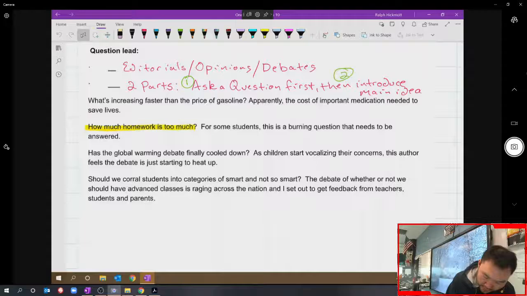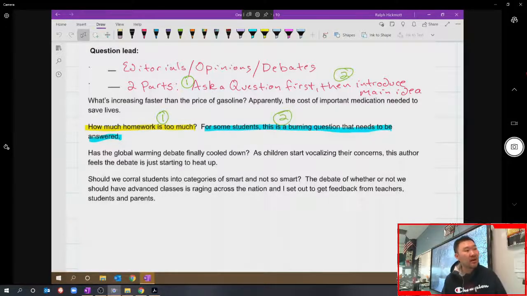The first one is part 1 that introduces the question, and then part 2, for some students, this is a burning question that needs to be answered. It's very clear in part 2 that this student is going to present an article about getting feedback and opinions from students about whether or not homework is too much or not enough. So, bam, good question lead, goes into an opinion style piece, an editorial.